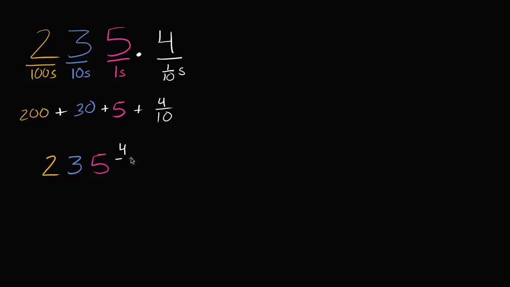So I could write it like this, as a mixed number. So this up here would be a decimal representation, 235.4. And this right over here would be a mixed number representation, 235 and 4 tenths. But they all represent 200 plus 30 plus 5 plus 4 tenths.